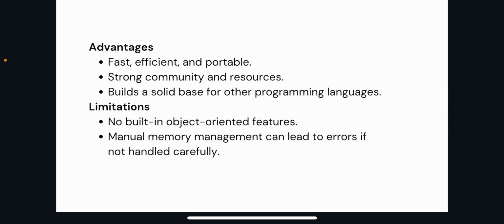It has a strong community and resources. It helps build a solid base for other programming languages. Some limitations of C include there are no built-in object-oriented features, and manual memory management can lead to errors if it is not handled carefully.